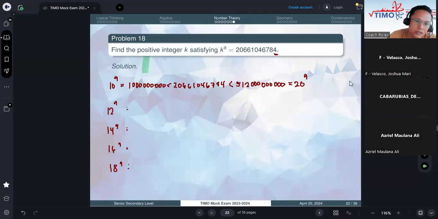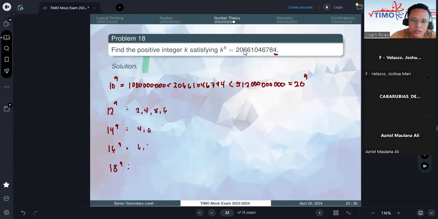For powers of 2: 2, 4, 8, and 6. This one is 4, 6, 4.